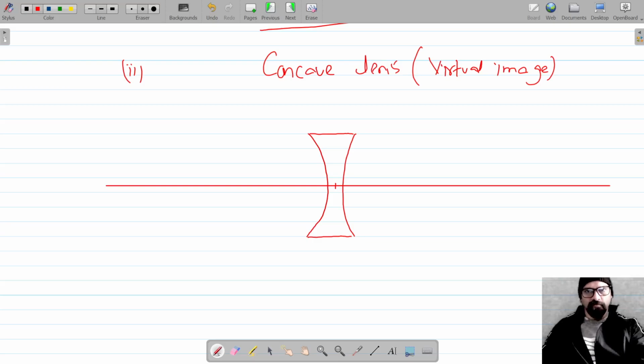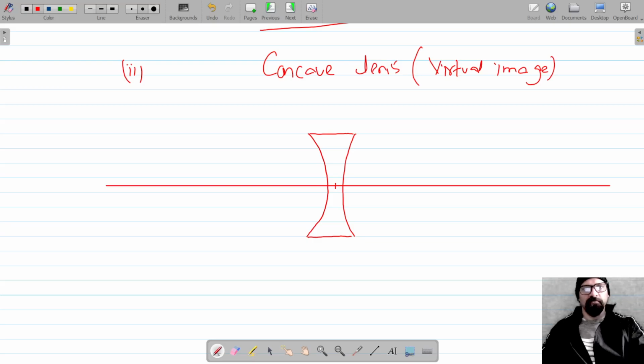Okay, so here for the concave lens, we have to form the virtual image. In a concave lens, we have only two cases: the object is either at infinity, where light rays are coming from infinity, or the object is placed between twice the focal length, that is between the center of curvature and the principal focus.